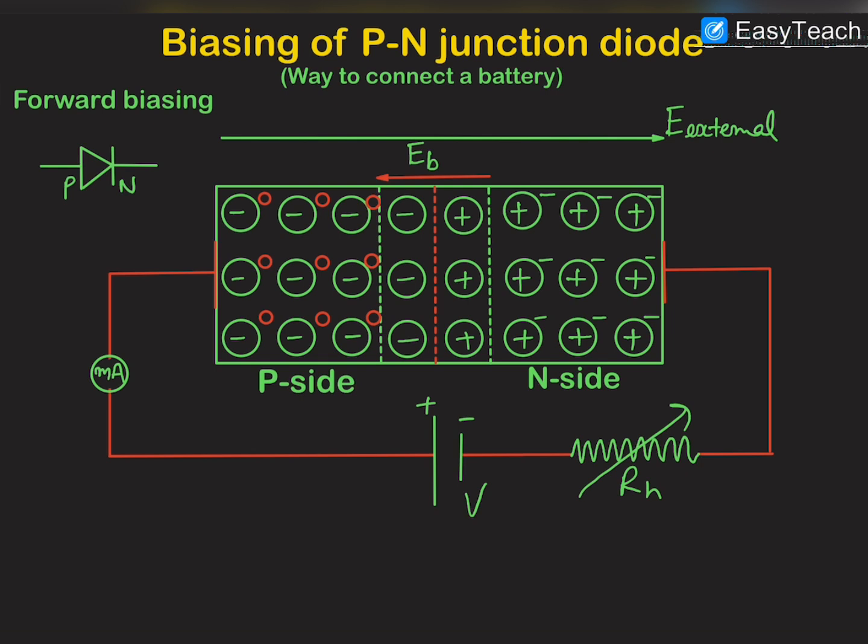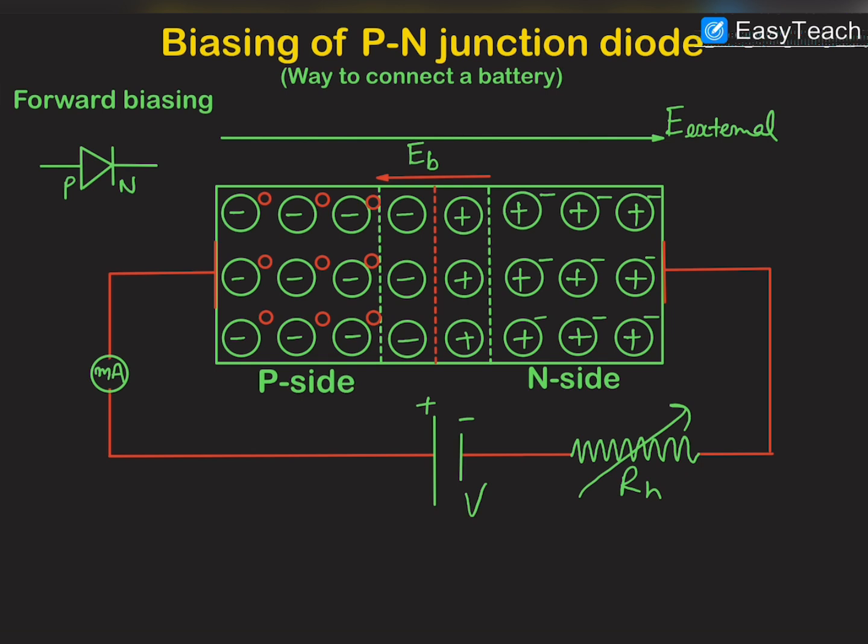Now we can say that if the depletion region width decreases in forward biasing, then the resistance of the diode junction changes. See, a diode offers two types of resistances. First is thermal resistance or Joule's resistance, which we see in normal conductors, where electrons experience some resistance in moving.